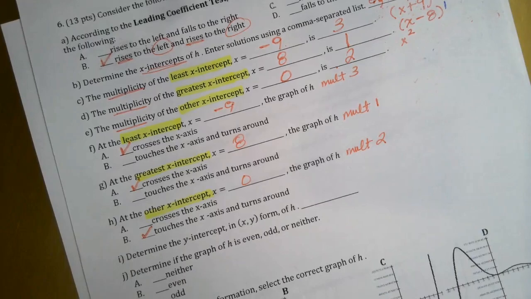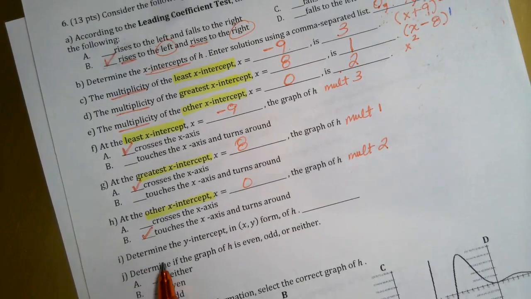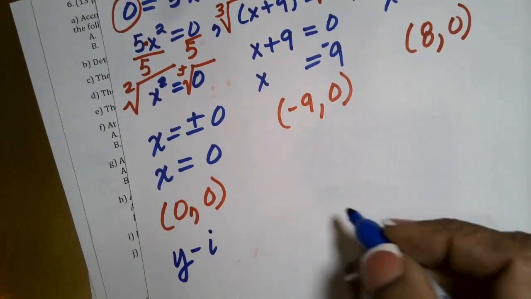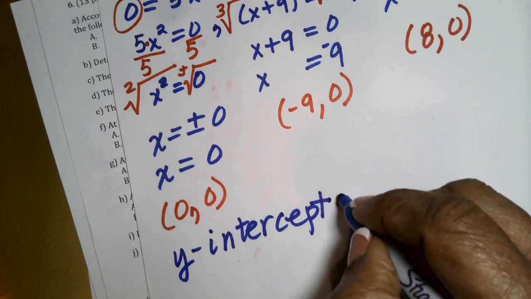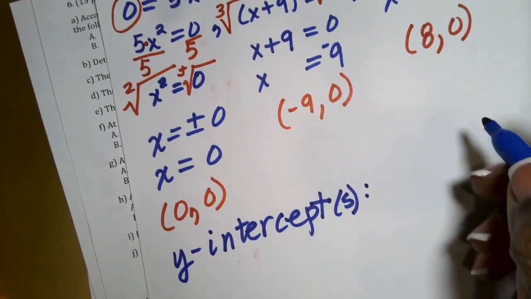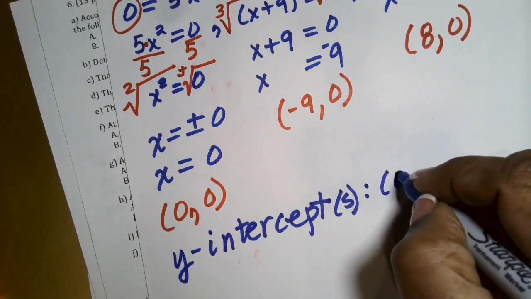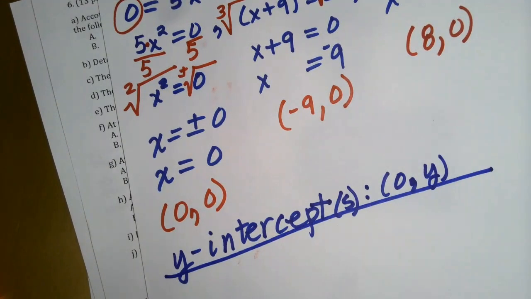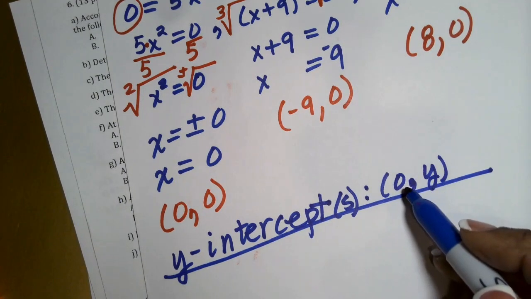Now the problem requests that we find the y-intercept. So let's do that. The y-intercepts will be of this format. X will equal 0, and we will have some y value. So let's rewrite our function h and let x equal 0.